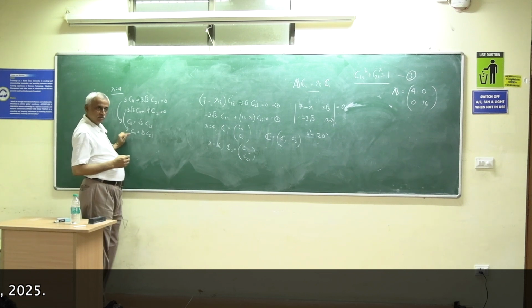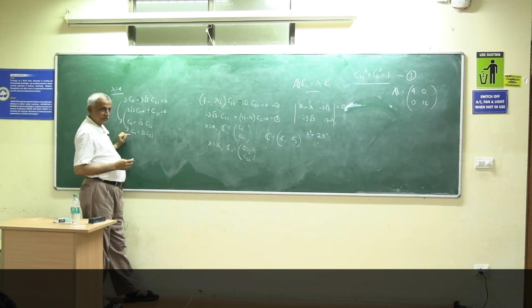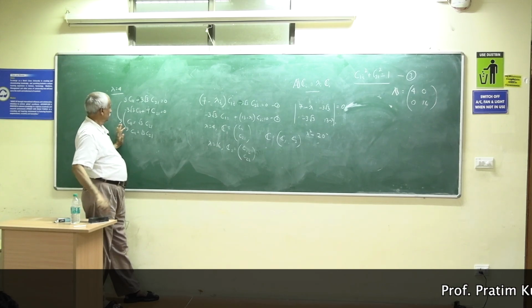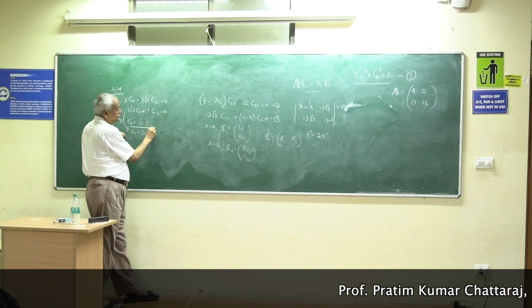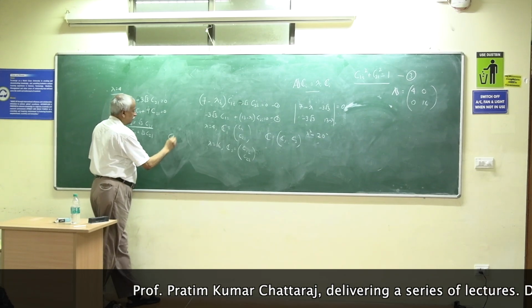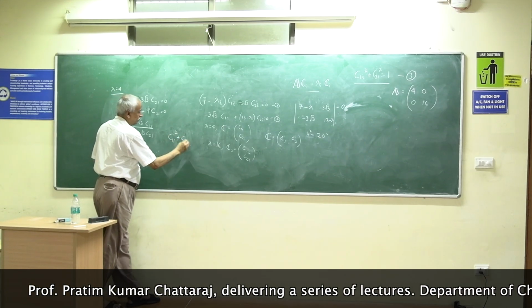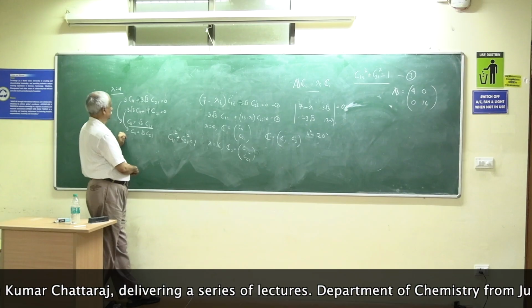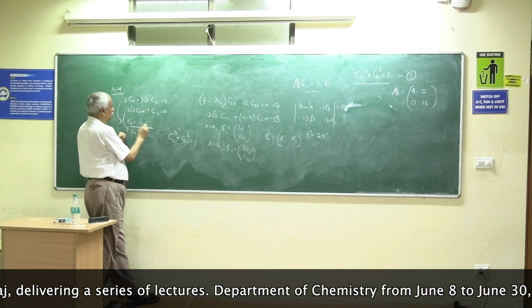You are getting same equations. Can you follow at least what I am writing? If you cannot do it yourself. Now this one, you put it in this C11 square plus C21 square equal to 1. For C11 you put this.